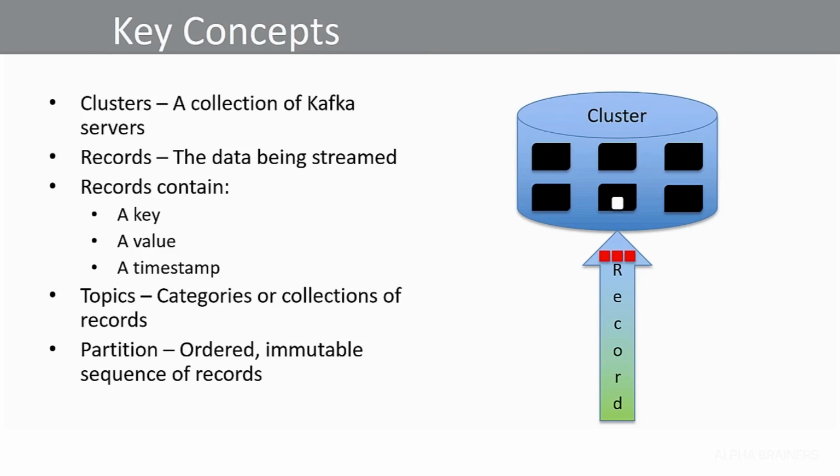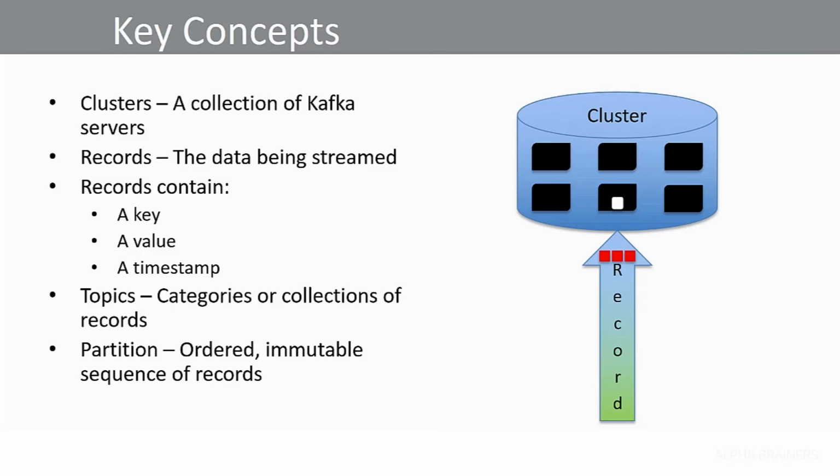Instead of having the records go to just one specific Kafka instance, which we refer to as a broker, we can spread that across multiple brokers, and each one of those brokers is going to store this information inside of a partition. What's important about the partition is, number one, it does allow for that scalability. It also allows for redundancy, so that if one Kafka broker goes down, another one will have the information available.